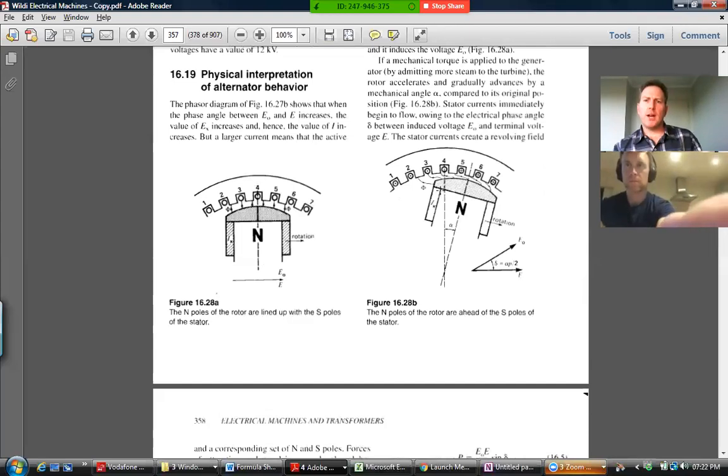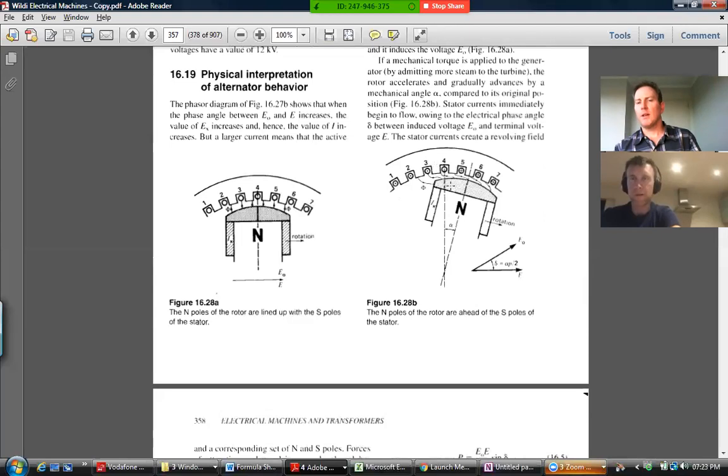If, however, you try and accelerate the turbine slightly relative to the stator, then some attraction forces develop. There's kind of a south pole over here and a north pole over there, and we're trying to turn it this way. If we succeed in making this north pole a few degrees ahead of the corresponding south pole on the stator, then we're trying to drag this thing around with us.